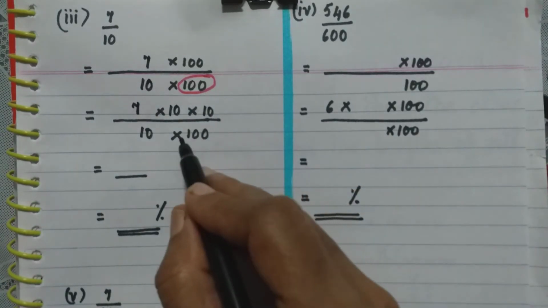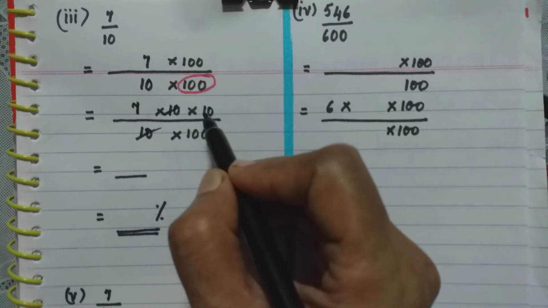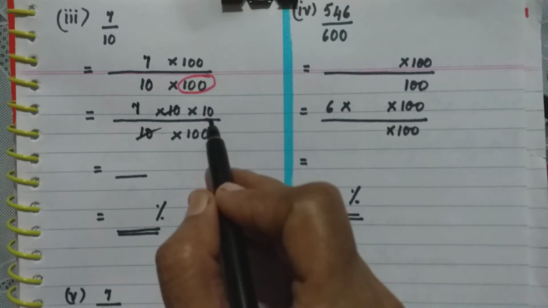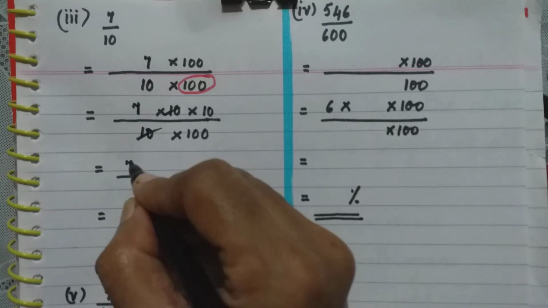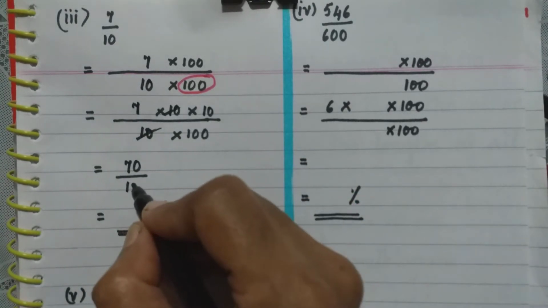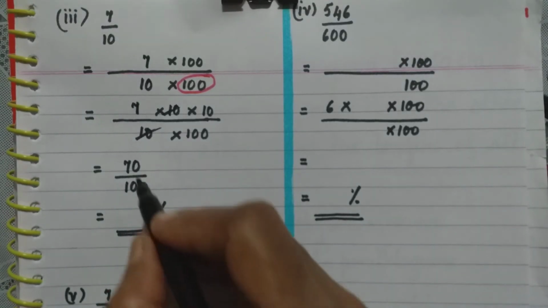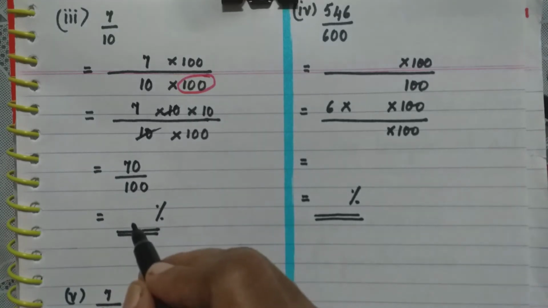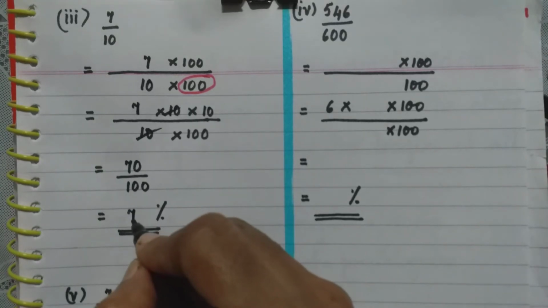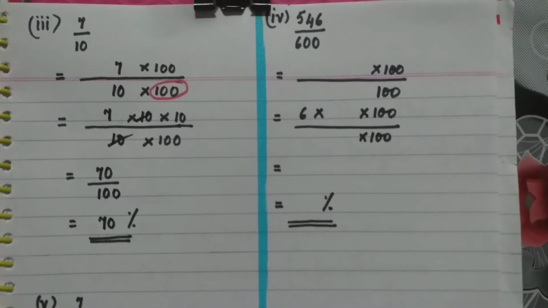This 100, I told you, remains as it is. Now this 10 and this 10 cancel. What is left? 7 into 10, which is 70. This 100, I said, remains as it is. So upon 100 has become percent here. What is left is 70. Therefore the answer is 70%.